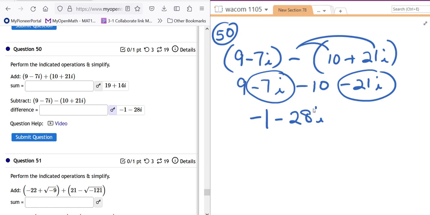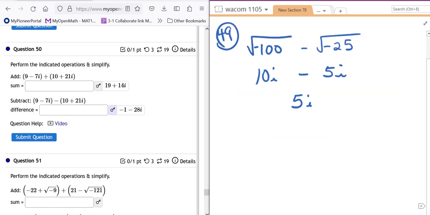All right, so where did I get, how did I get negative 25? Because I have so many pages here, this is going to be hard. Can you tell me which problem number it was on? 49. Thank you.